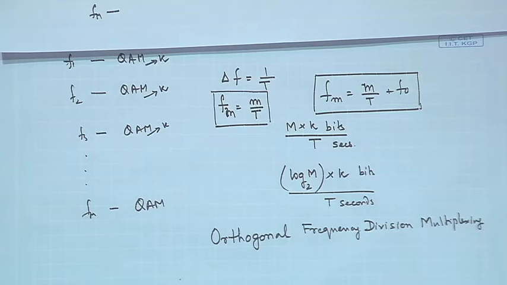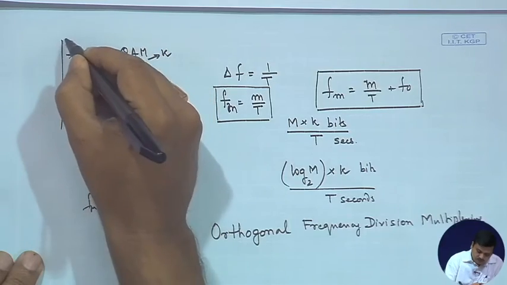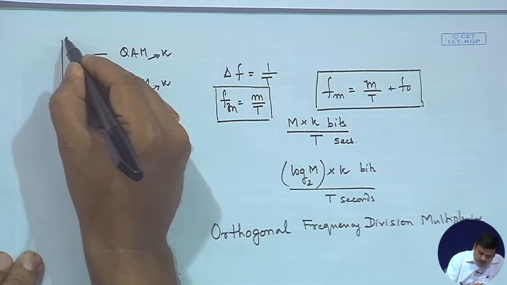Now, you may have studied frequency division multiplexing schemes earlier, and in frequency division multiplexing you would remember that it requires some kind of a guard band between two corresponding frequencies, whereas here you do not have a guard band. In fact, the frequencies overlap with each other.